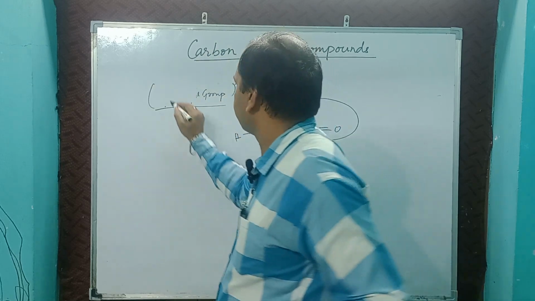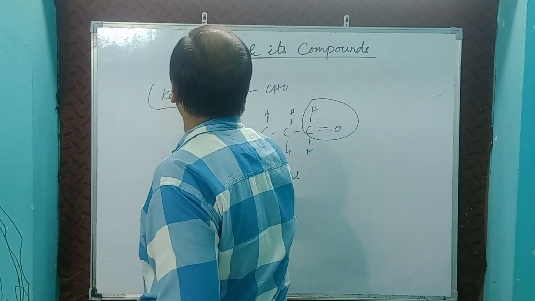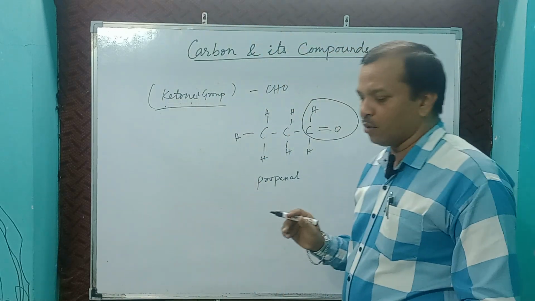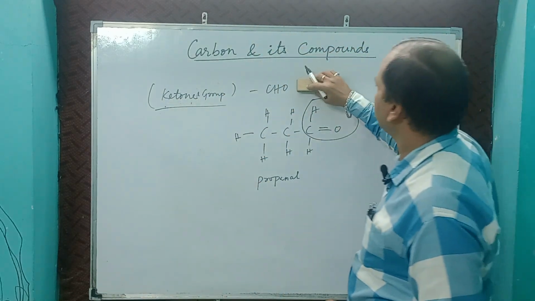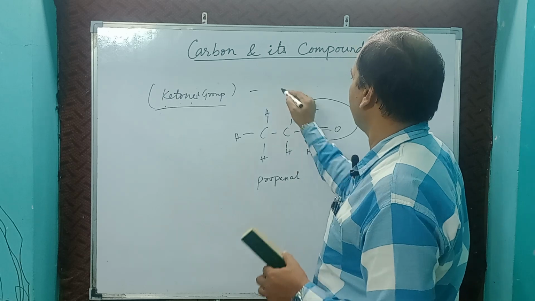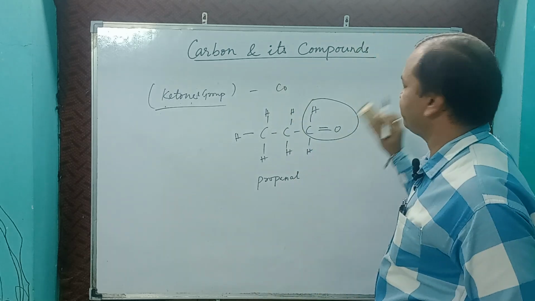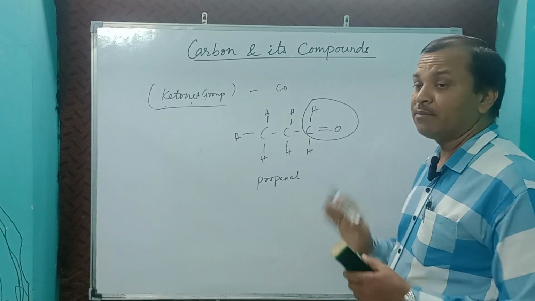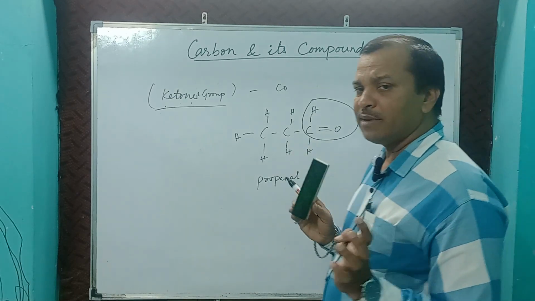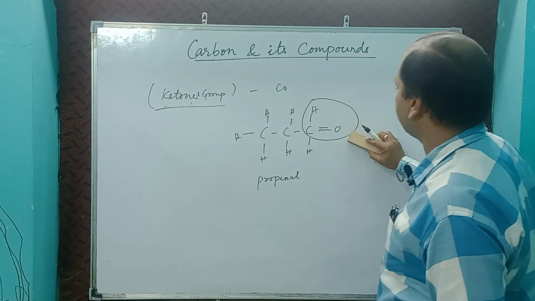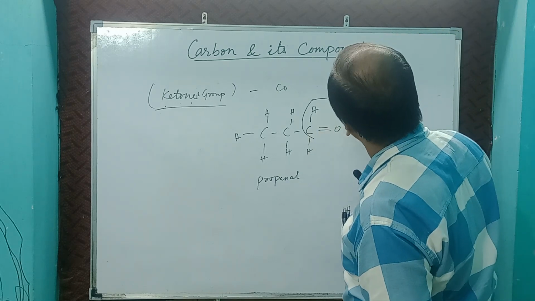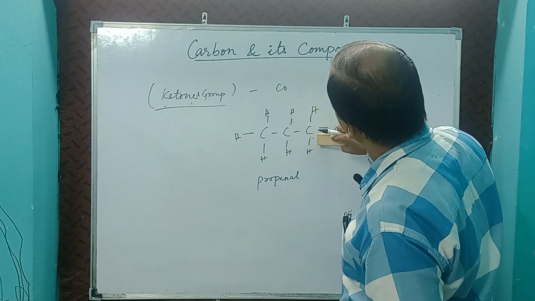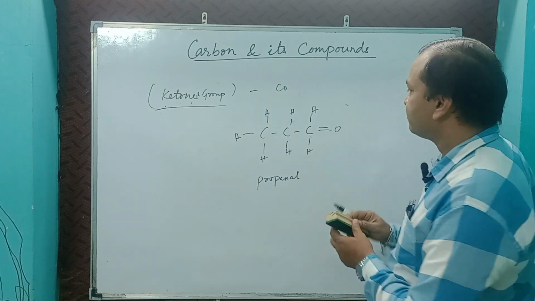Now we will go for ketone. Ketone is CO, but the structure will remain the same. Aldehyde and ketone have the same formula but different structure. If O is present at the end, then it is aldehyde.